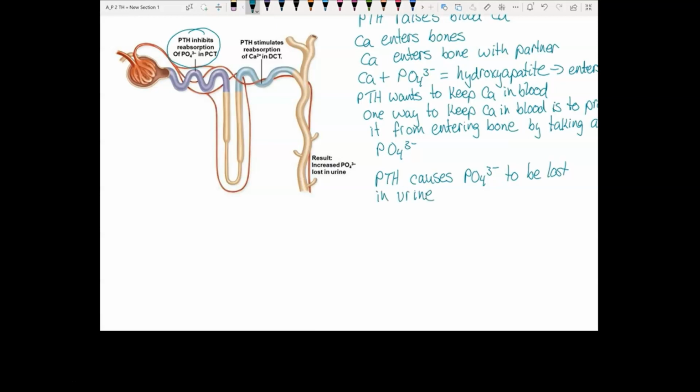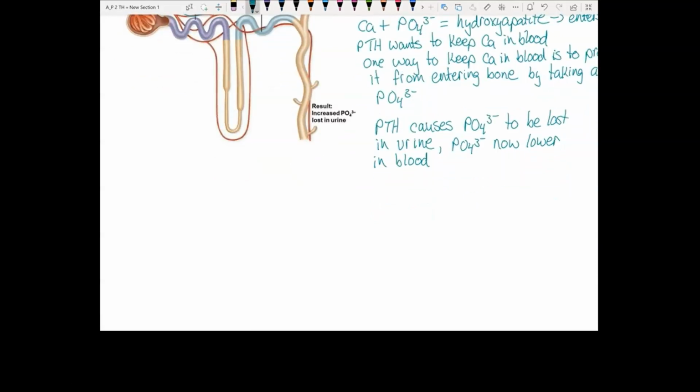So if it's lost in the urine, it's therefore not in your blood. So now calcium can't go into the bone because it doesn't have its partner, and the calcium is trapped in your blood.